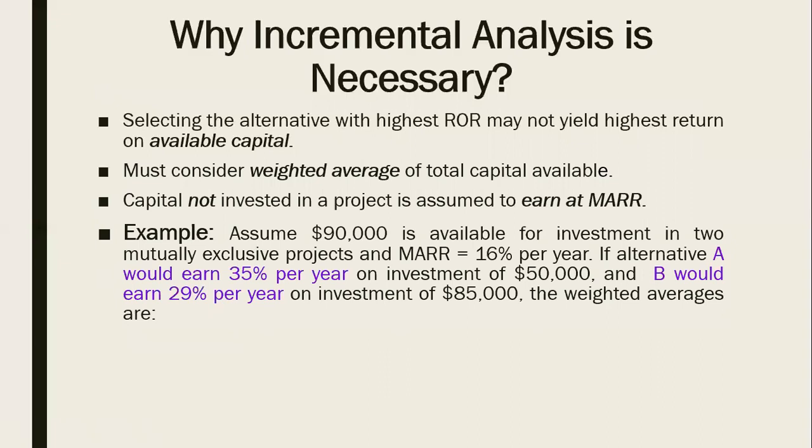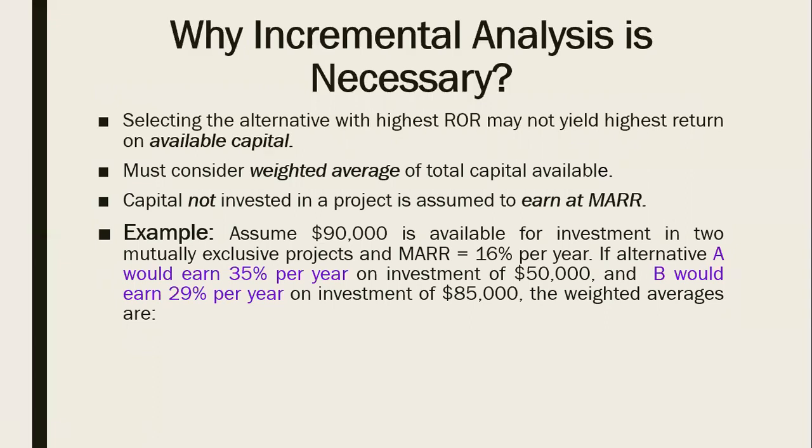For example, assume 90,000 is available for investment in two mutually exclusive projects, and the minimum attractive rate of return is 16% per year. If alternative A would earn 35% per year on an investment of $50,000, and B would earn 29% per year on an investment of $85,000. So if we have 90,000 available for investment, the minimum attractive rate of return is 16%.